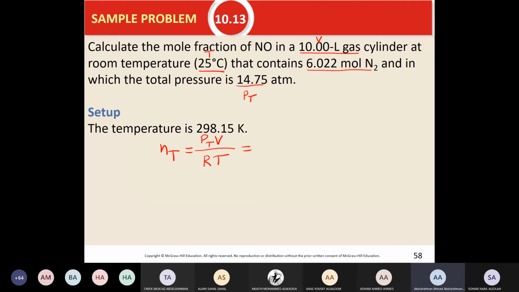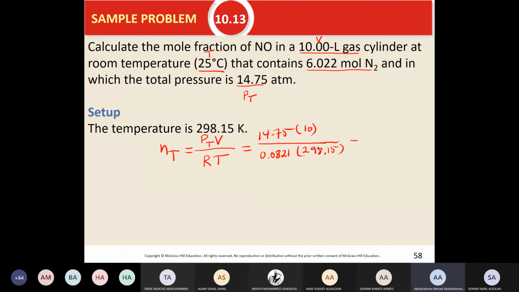Which is what? 14.75 times 10, divided by 0.0821 times 298.15.